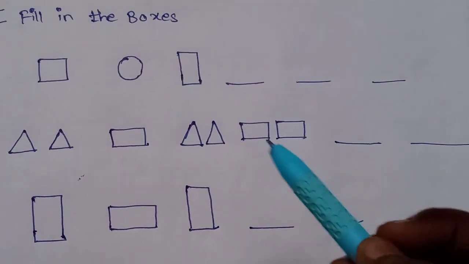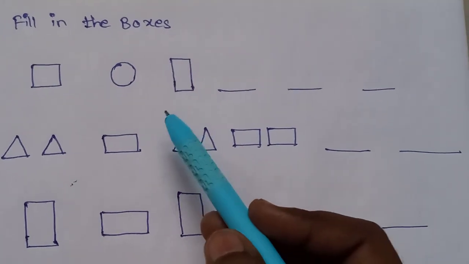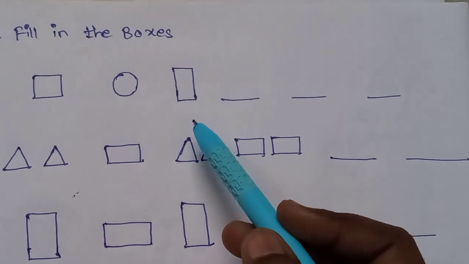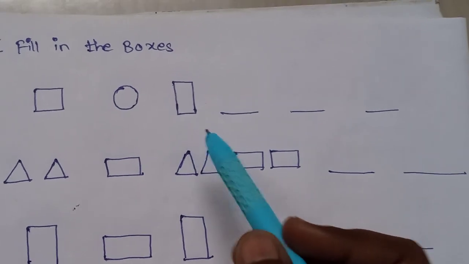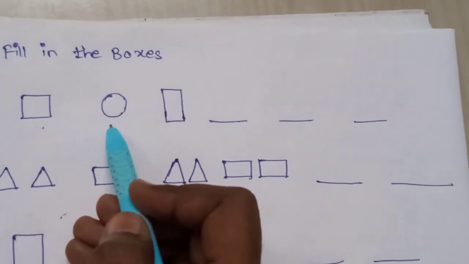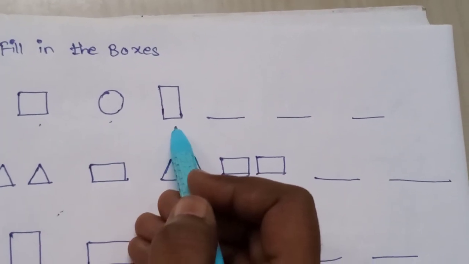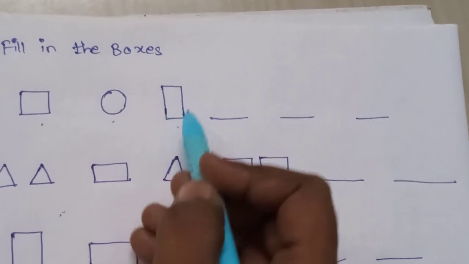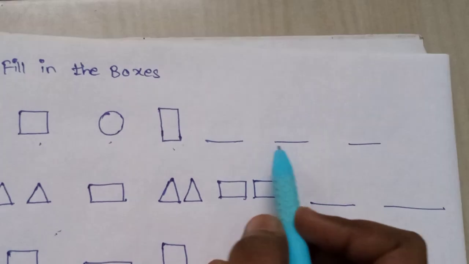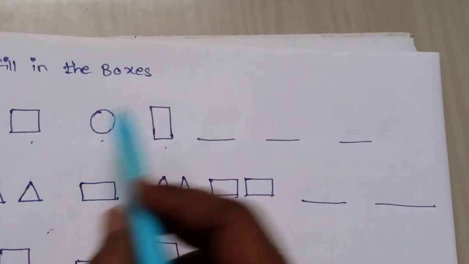Okay, in this we are going to see both colors and shapes, and I will explain what color you have to give here, so you can color them. I will draw only the shapes here. See, first they have given a square, second a circle, third a rectangle in standing position. Then they have given three dashes. How do you complete these dashes? You have to repeat them.